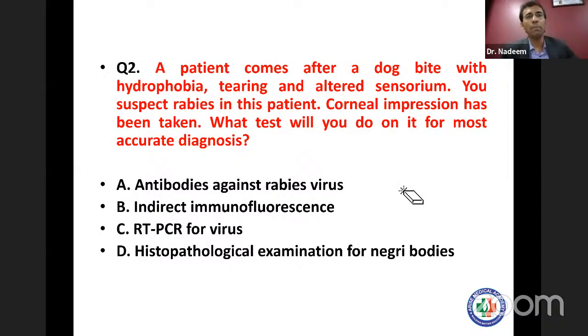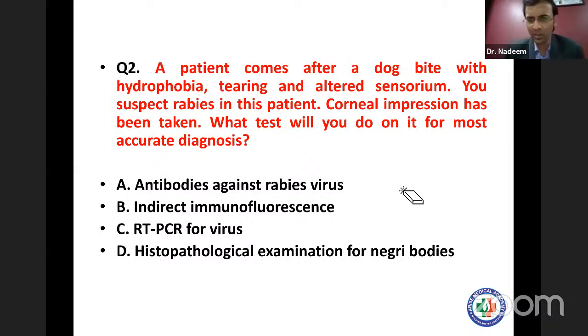Next question. A patient comes after a dog bite with hydrophobia, tearing and altered sensorium. You suspect rabies in this patient. Corneal impression has been taken. What test will you do on it for the most accurate diagnosis?